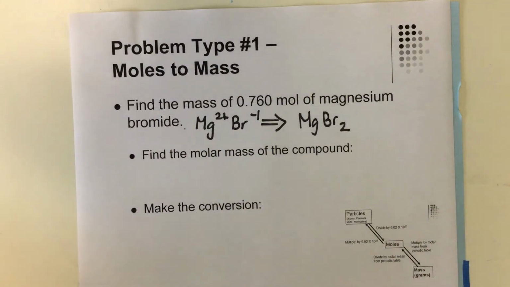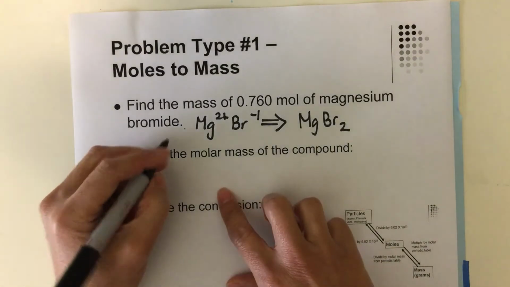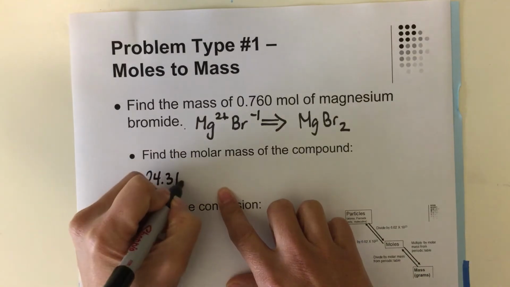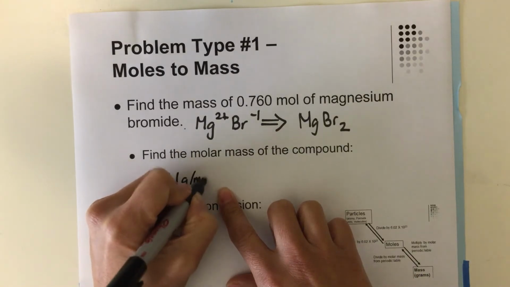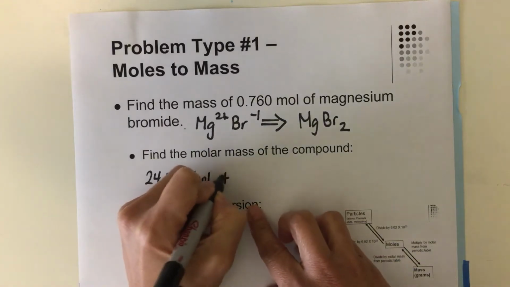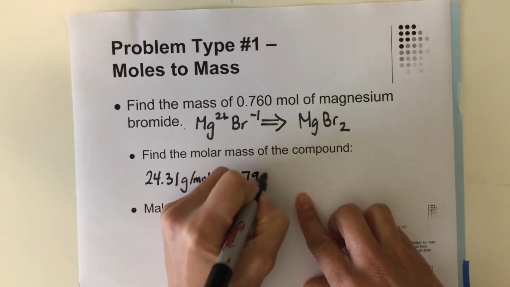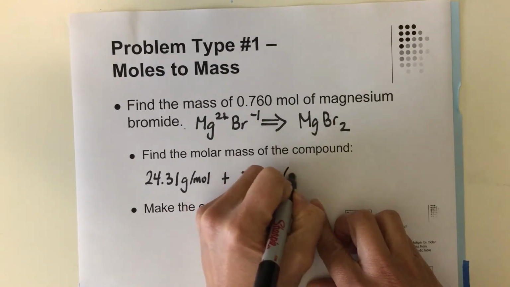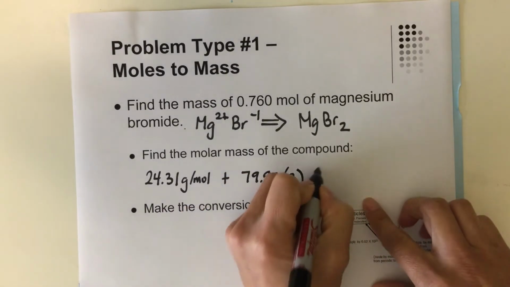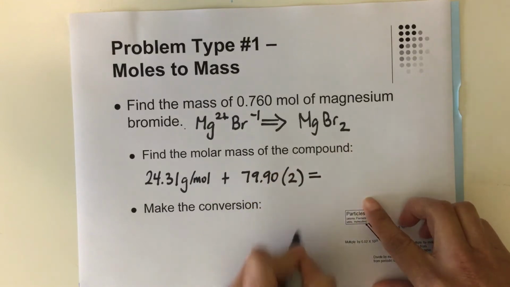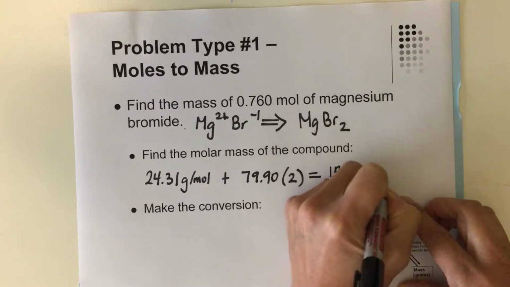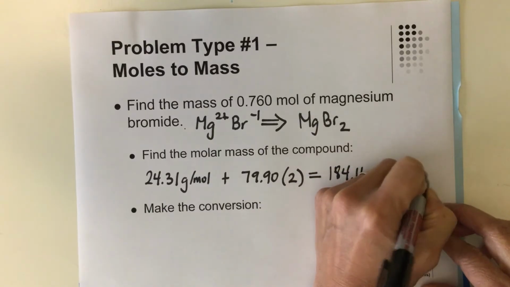Working out the molar mass, we see 24.31 represents the mass in 1 mole of magnesium. And then, of course, 79.90 represents the molar mass of bromine. I'm not going to put the units, but times that by 2 for bromine, and then add them all up together, you get 184.11 grams per mole of magnesium bromide.